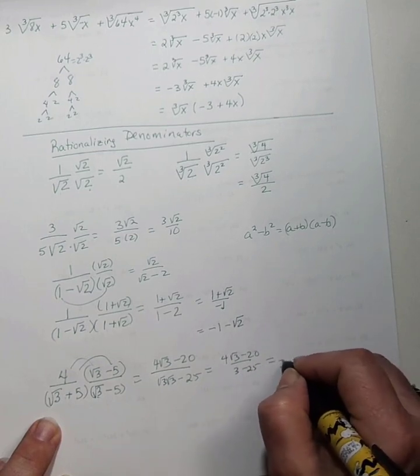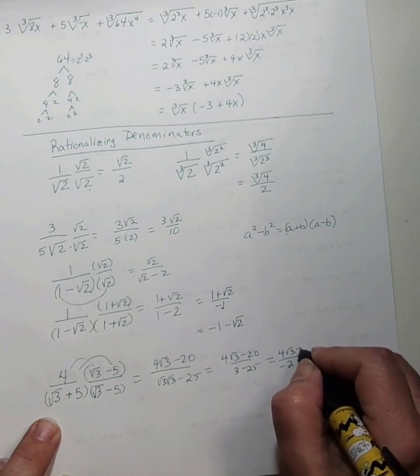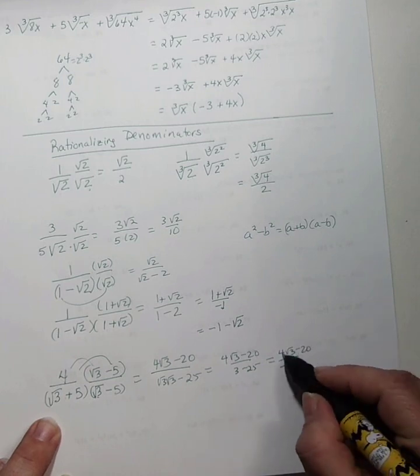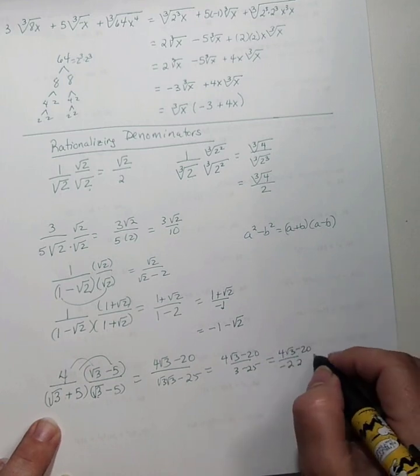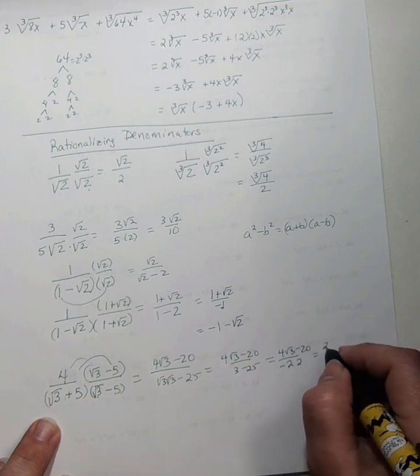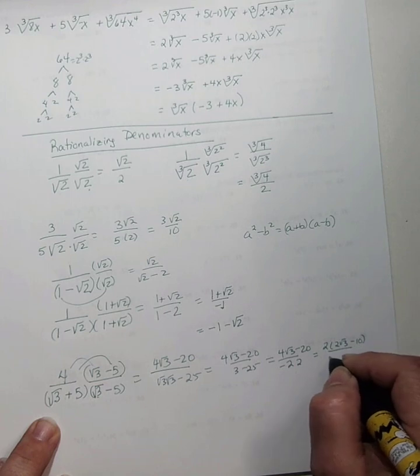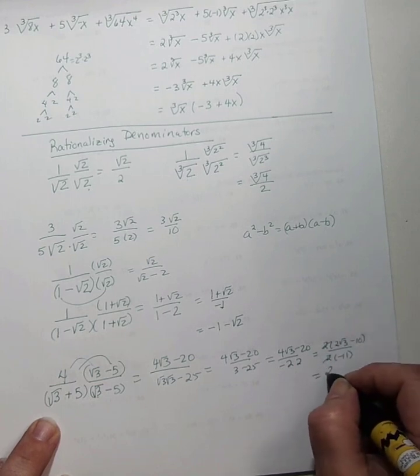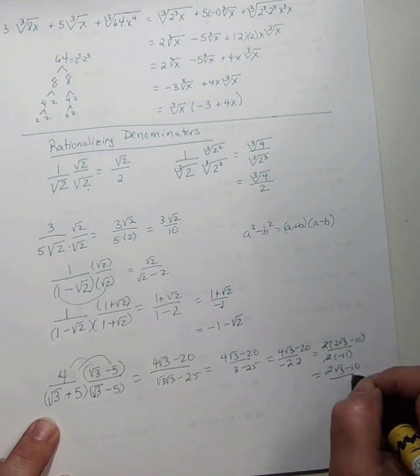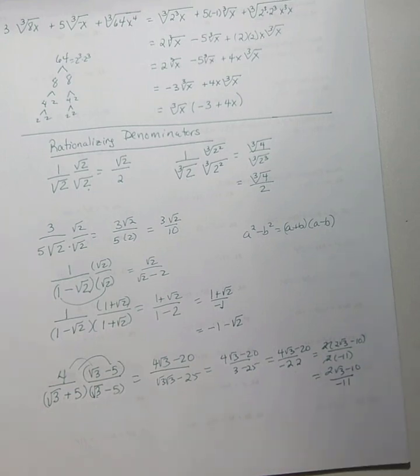I get -23, 4 square roots of 3 minus 20. Then I realized that 2 can go into all of these. So I could pull out a 2 here, and I'd have 2 times the square root of 3 minus 10, and 2 times -11. So I'd have 2 times the square root of 3 minus 10 over minus 11.